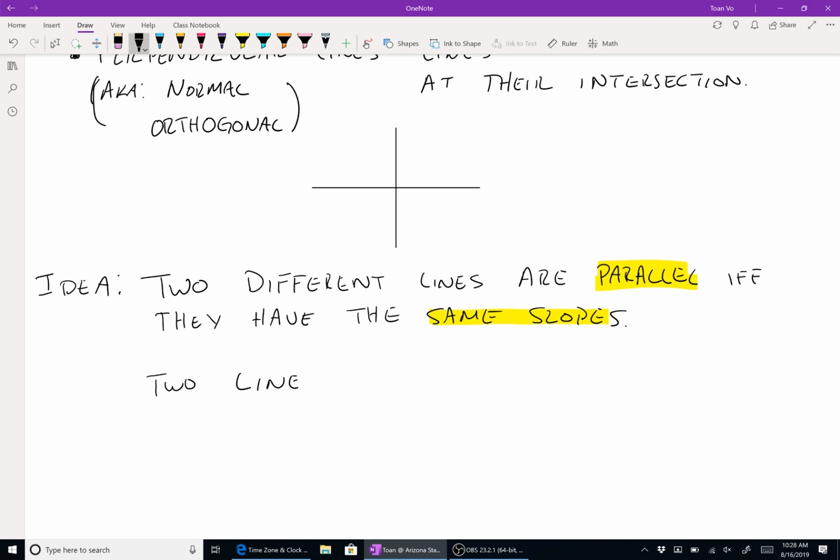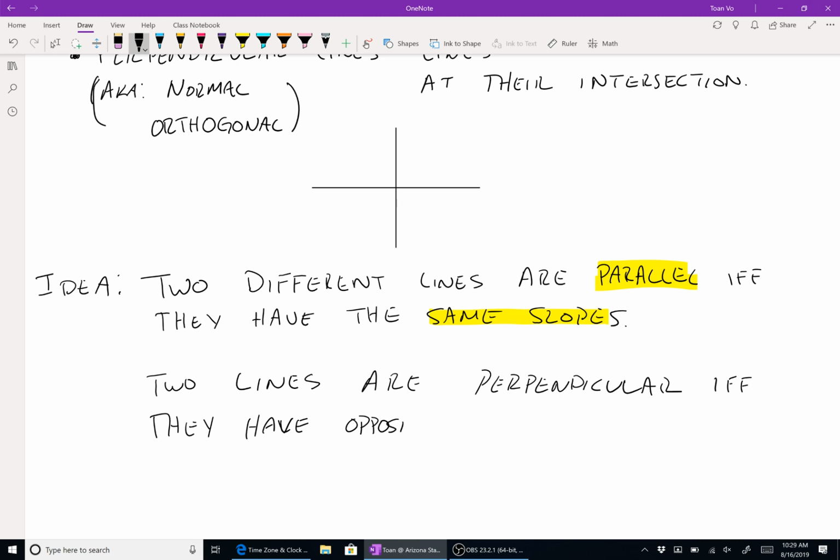The idea for perpendicular: I have a slight suspicion that mathematicians made the word normal to mean perpendicular because they got tired of writing the word perpendicular. Two lines are perpendicular if and only if they have opposite and reciprocal slopes.